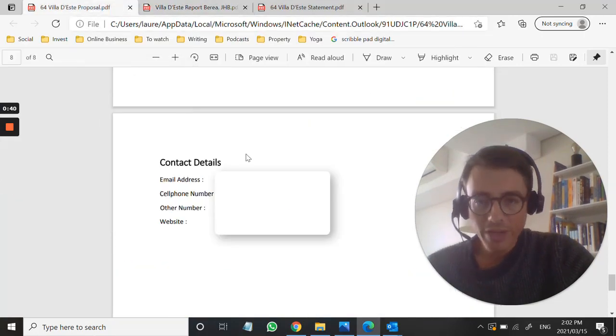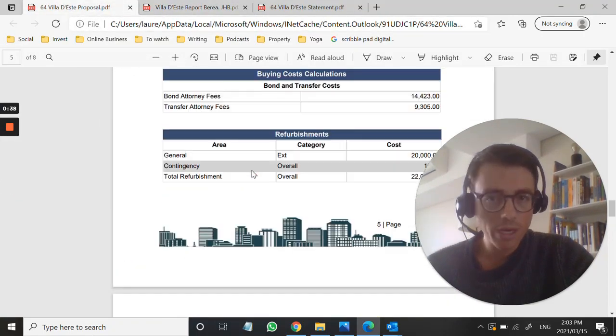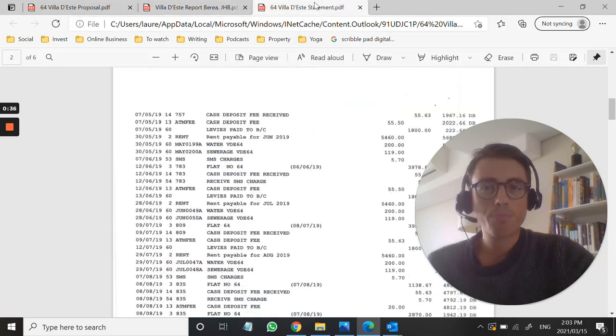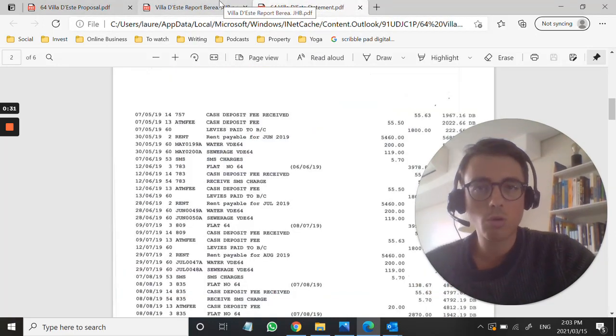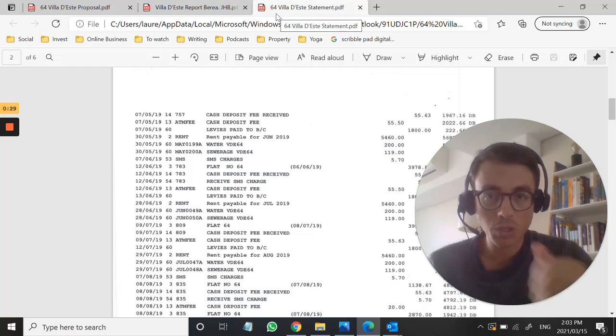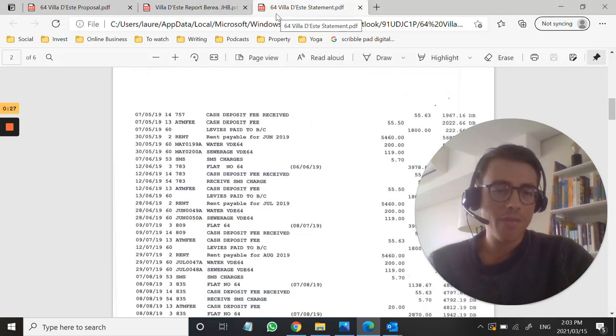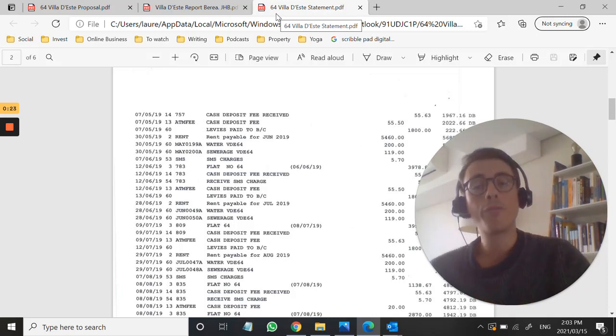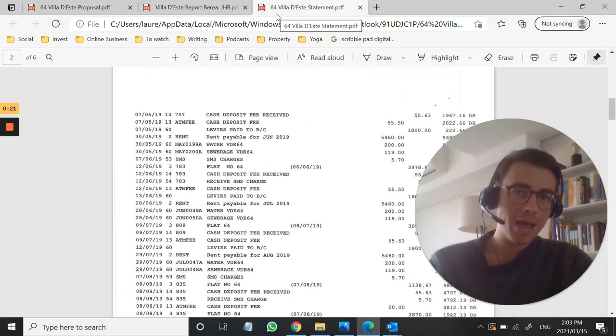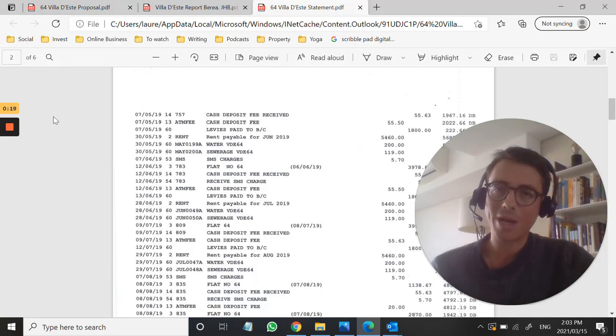You send an investor proposal that has got all the numbers and all the detail. You have some proofs that back up what your assumptions are, your TPN and Lightstone report, plus a statement of some sort so that you can see the actuals. And that, ladies and gentlemen, is how you're going to get someone like myself, an investor, confident in moving forward with your deal and paying you the sourcing fee that you require.